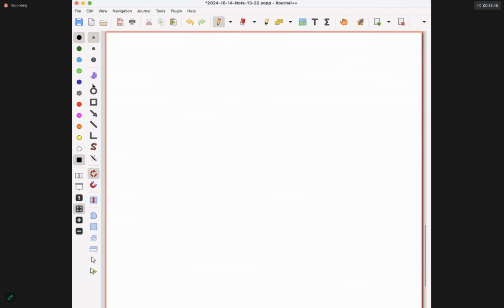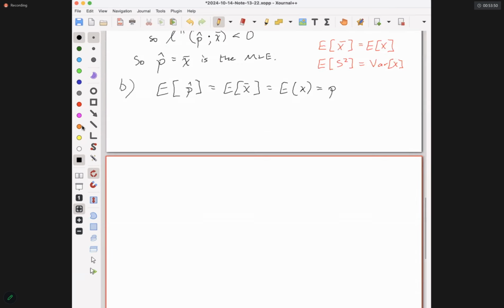Okay, so if we want to actually show why the expectation of x is p, the expectation of x is equal to what in terms of my density function? The density for that Bernoulli.